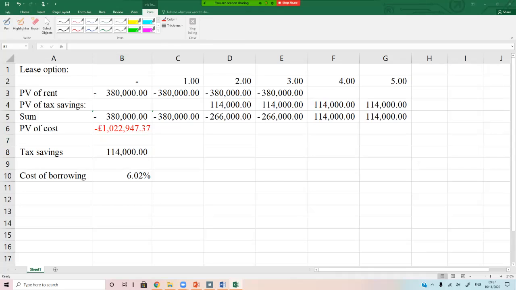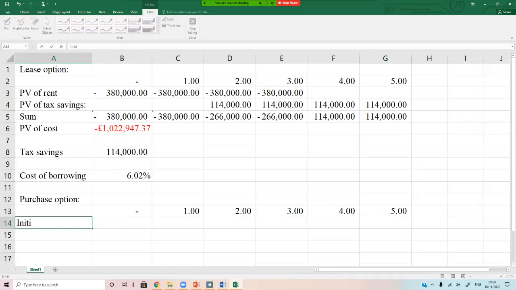That's in case we take up the lease alternative. Now what if we take the purchase option? We'll have the same year 0, year 1, year 2, year 3, year 4, year 5. If we decide to purchase the asset, of course in year 0 you buy the asset, so there's an initial cost.